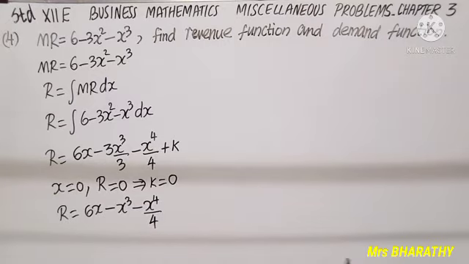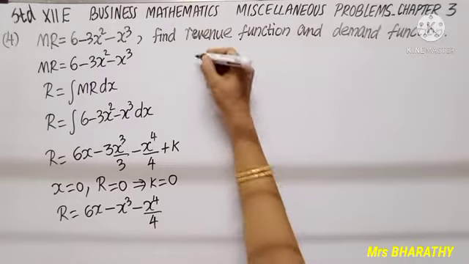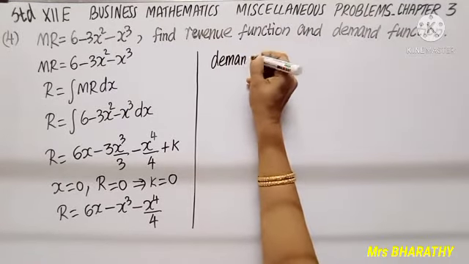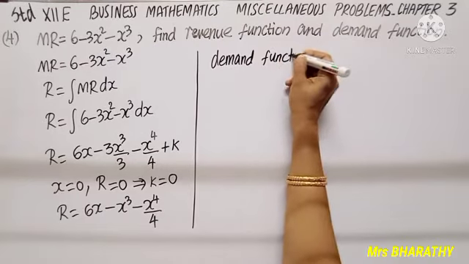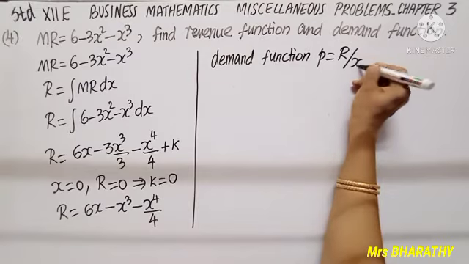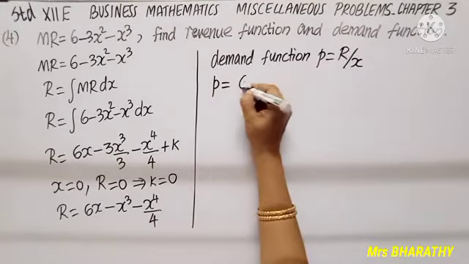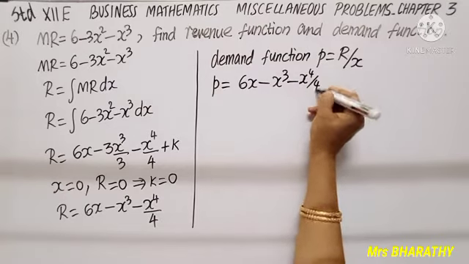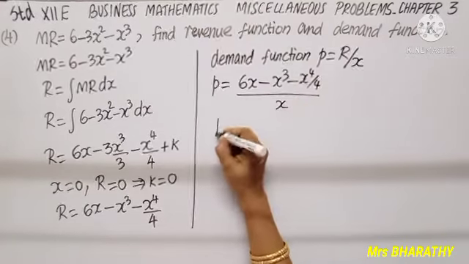My question is to find out demand. We know demand function small p equals capital R, revenue, divided by x. Small p is 6x minus x cube minus x power 4 by 4, divided by x.